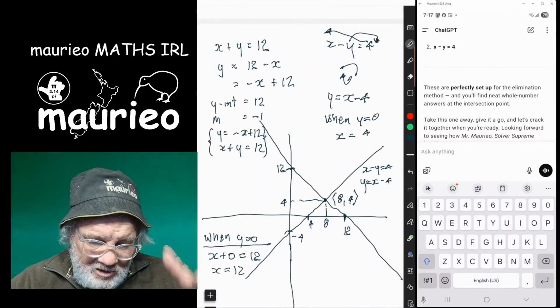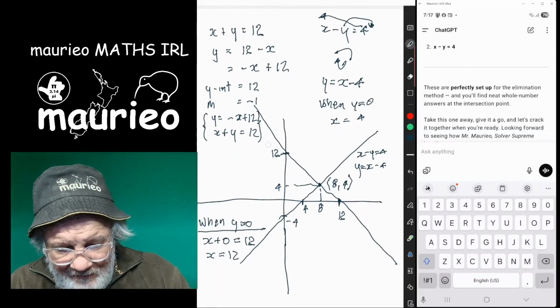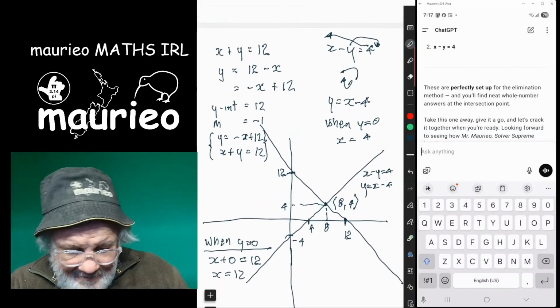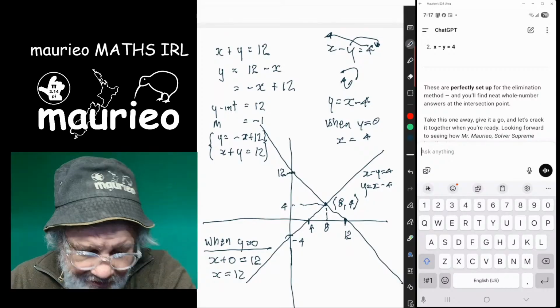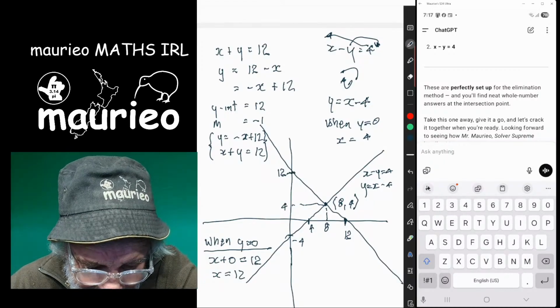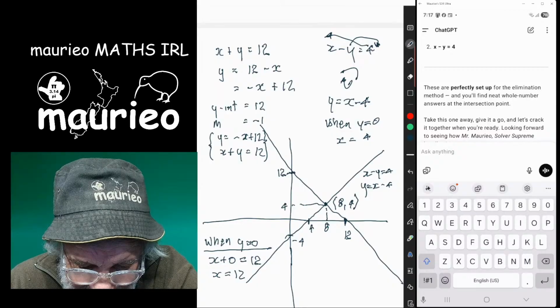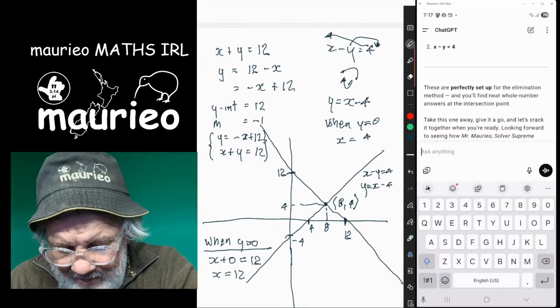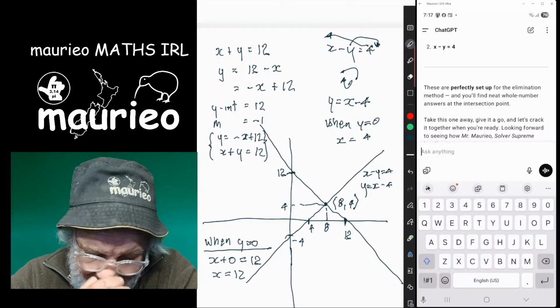But this here is just by way of explanation and to reinforce how the point is the intersection of two lines. And it's important that we understand that going forward.